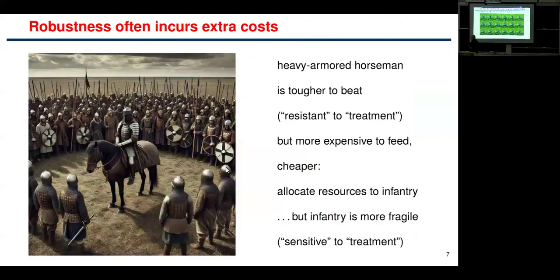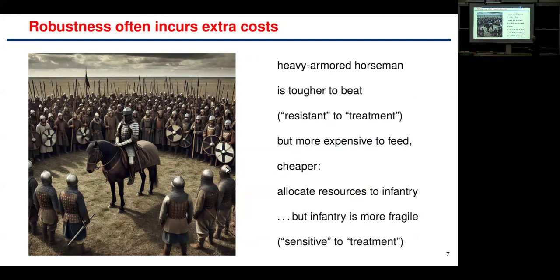Maybe a picture that you'll remember a little bit more from this lecture. If we have a heavy armored cavalry soldier, that's a very expensive thing to maintain compared to infantry. So we don't need to allocate so many resources to the heavy armor and feeding the horse and all these kinds of things.